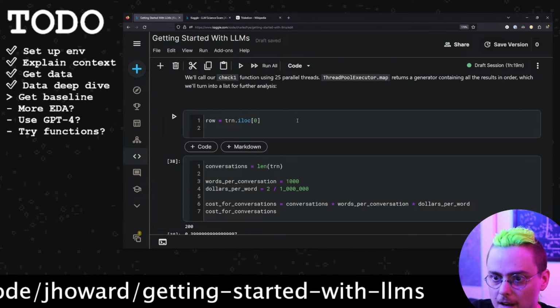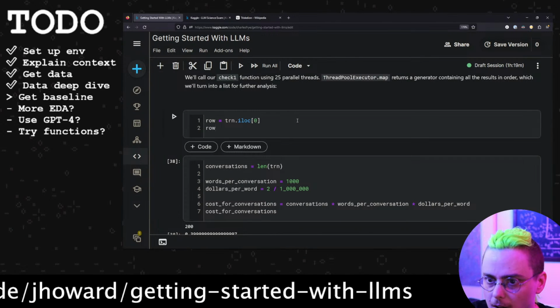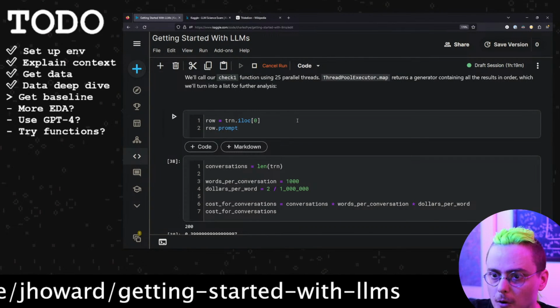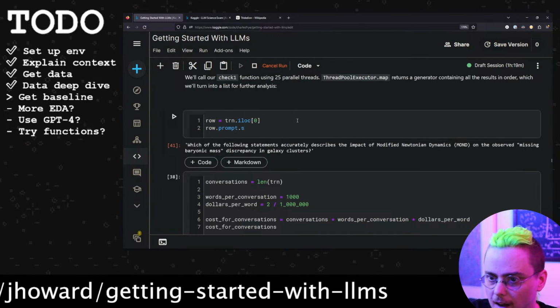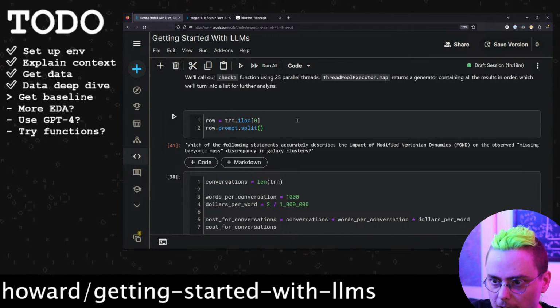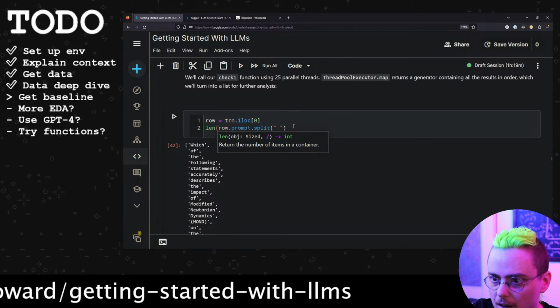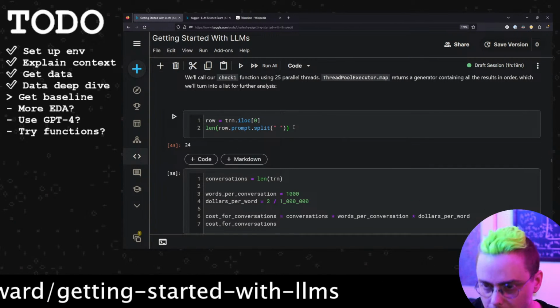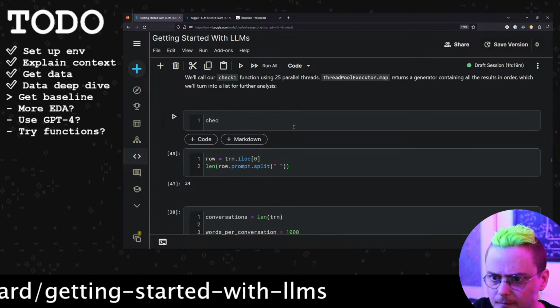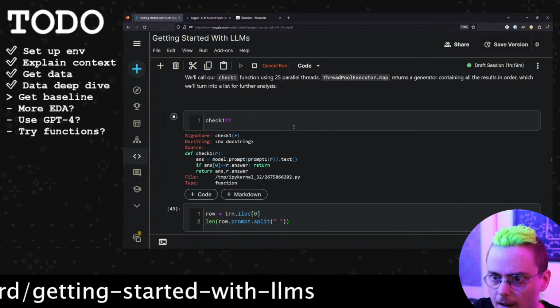So let's grab row.prompt, split it on space, and then take the len of that prompt. And then we had that check one.